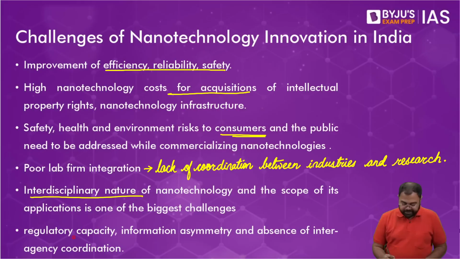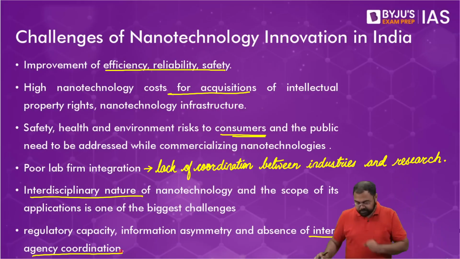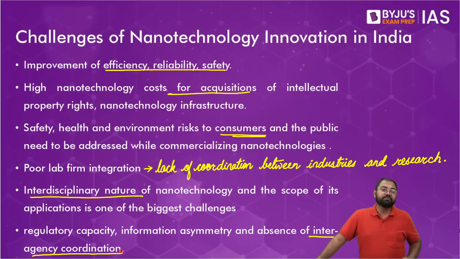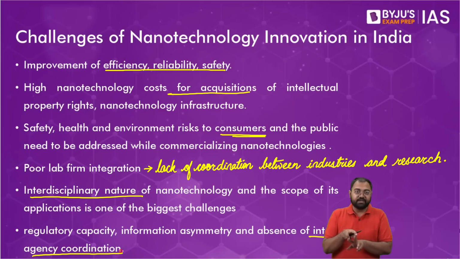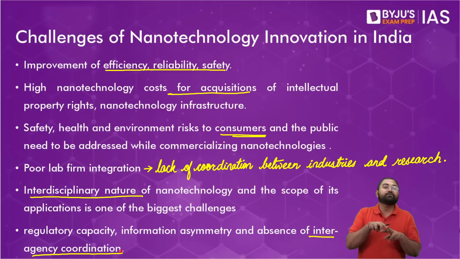Then regulatory capacity, information asymmetry, and the absence of interagency coordination. Now this is also a big challenge many times in India. For example, you have the Ministry of Science and Technology, and you also have the Ministry of IT and Electronics. Both are somehow related to nanotechnology.